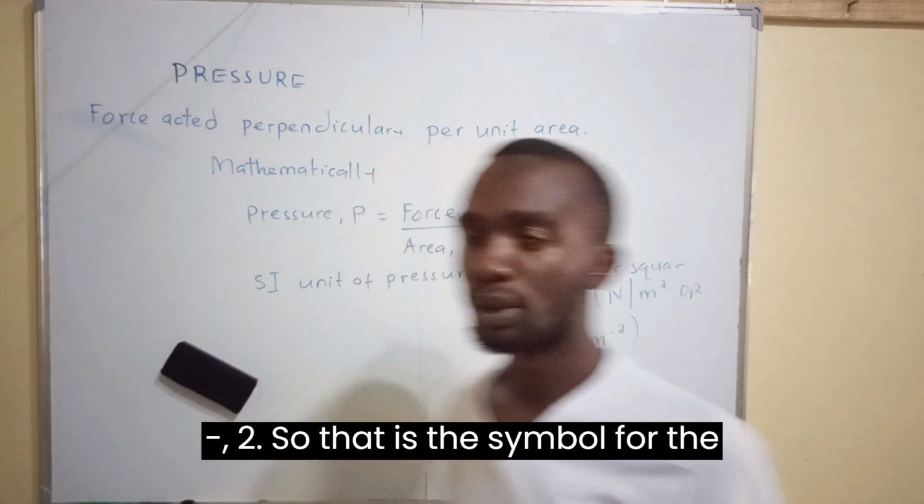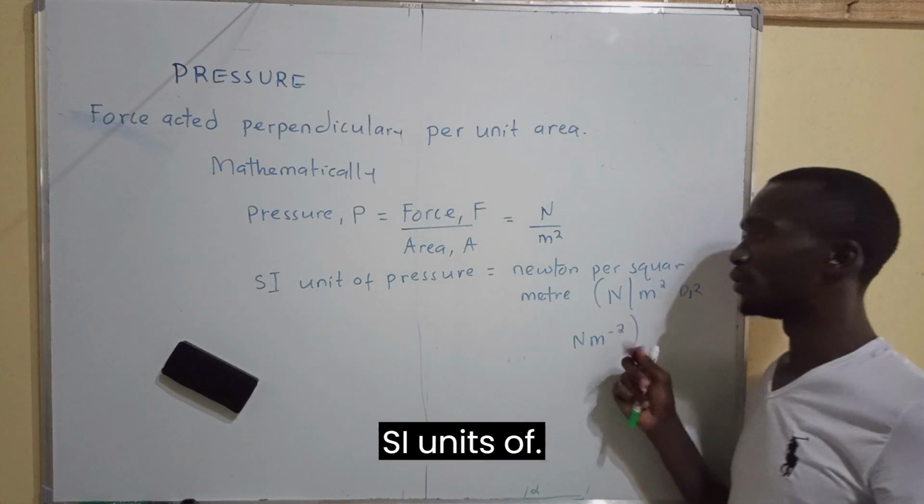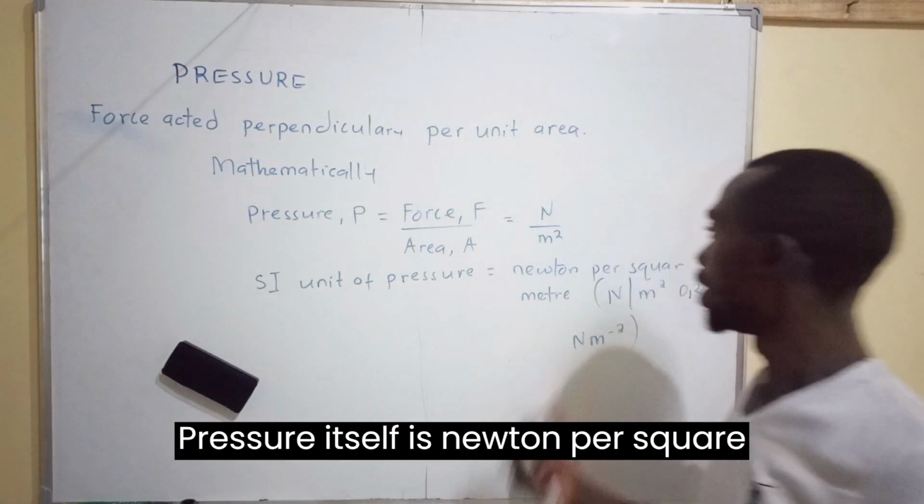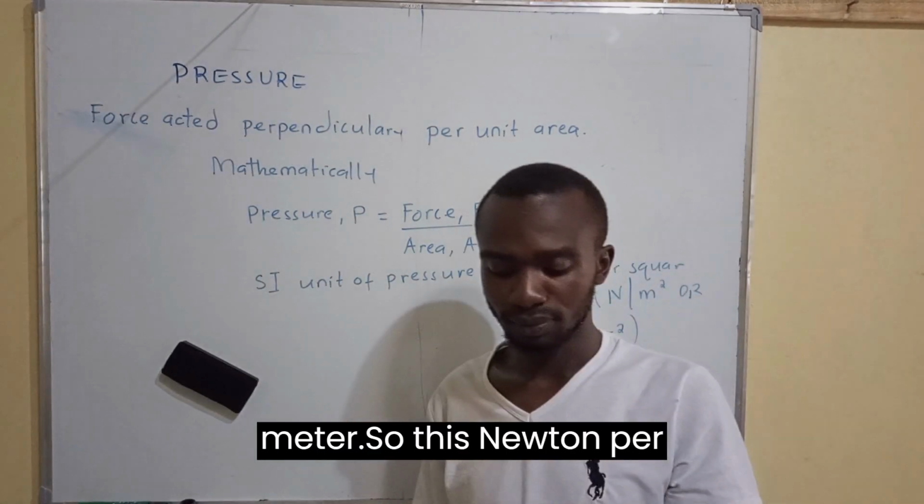So that is the symbol for the SI unit of pressure. But the SI unit of pressure itself is Newton per square meter.